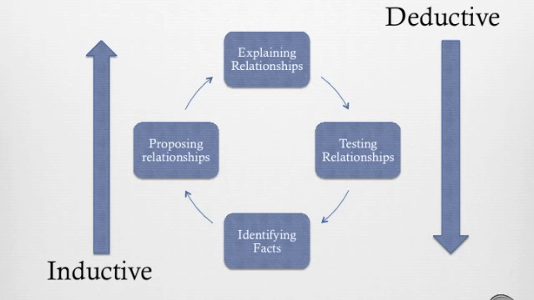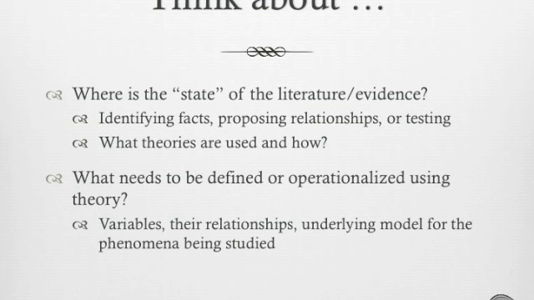So how do we put all this together and think about how it relates to what you're doing right now in this course? Basically, you have been taking a look at the state of the literature. You've been trying to understand what the evidence suggests. And the state of the literature may be just at the point of identifying facts.